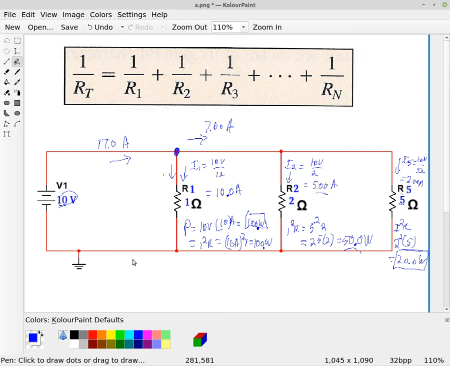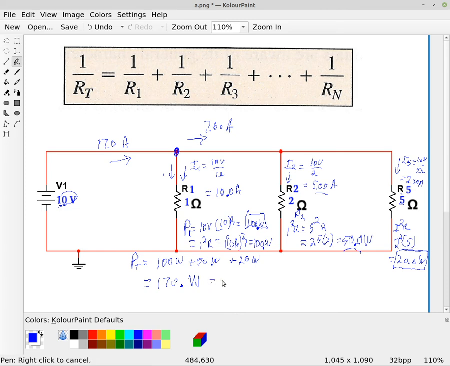So the total power is 100 watts for P1, 50 watts for P2, and 20 watts for P5, the power through the resistor R5, which is 170 watts. 170 period watts.